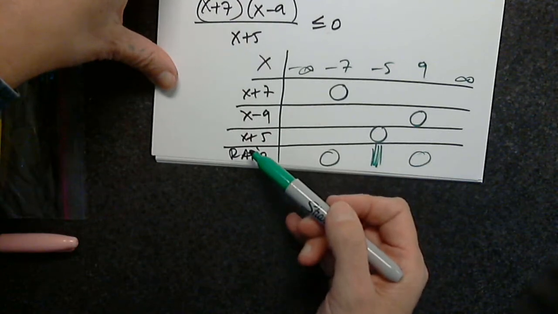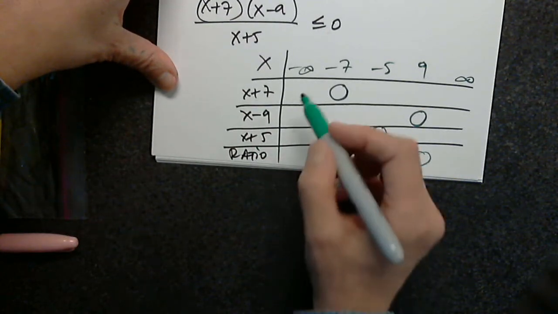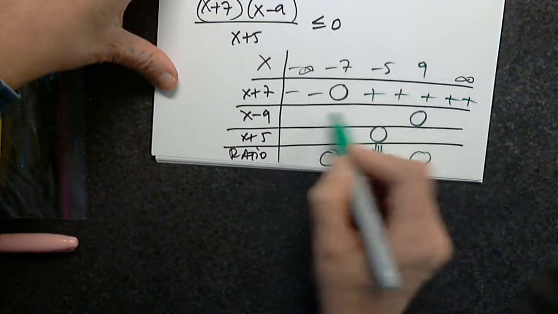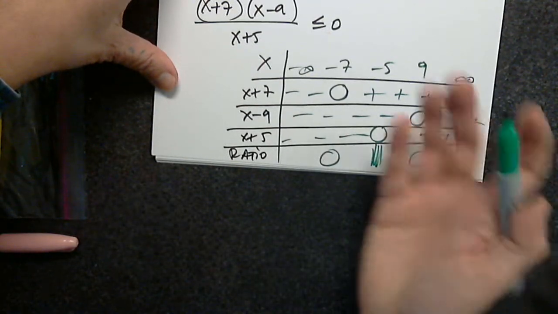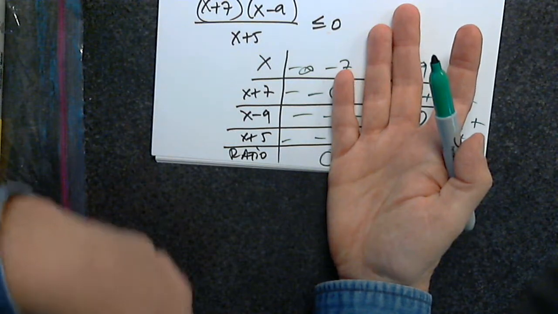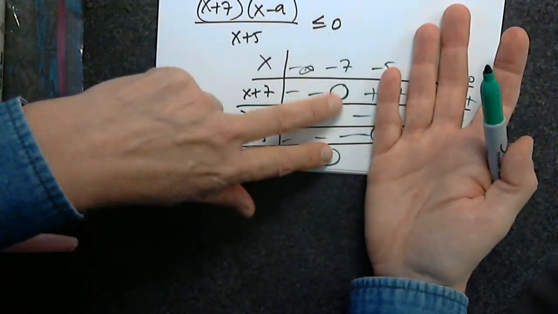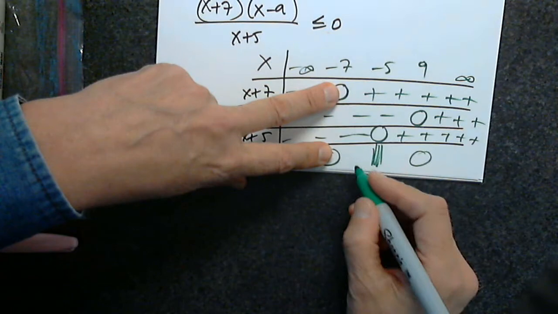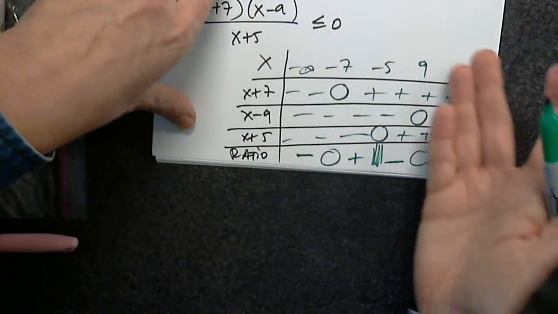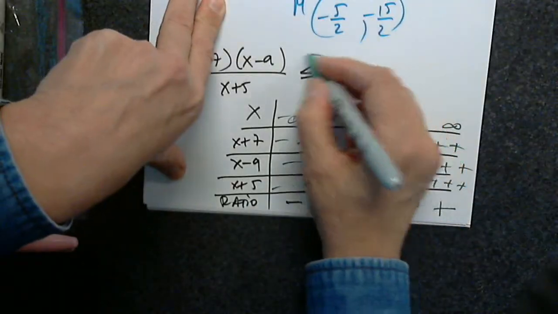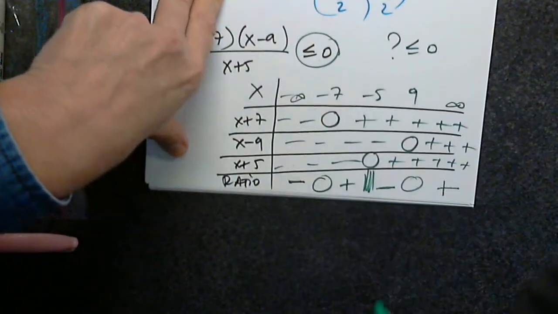All of them are linear functions with positive leading coefficient. So they have to come from -infinity and go to positive infinity. So 3 negatives. 2 negatives. 1 negative. And no negatives. Now I'm asking myself, what do I want to pick?